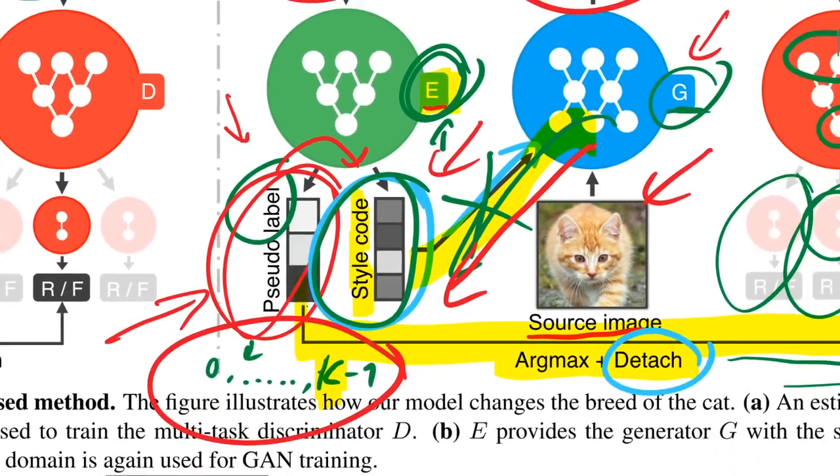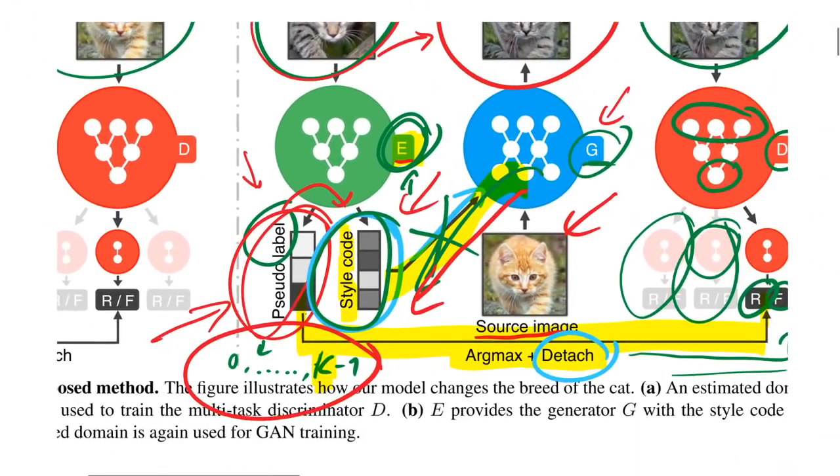And that means it's going to leak some information about the label into the style, because that helps the generator. If the generator knows what sort of class it's going to produce, it's going to be better. Okay, so you can count on that information being in there.